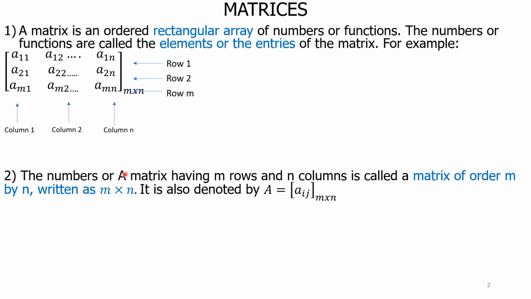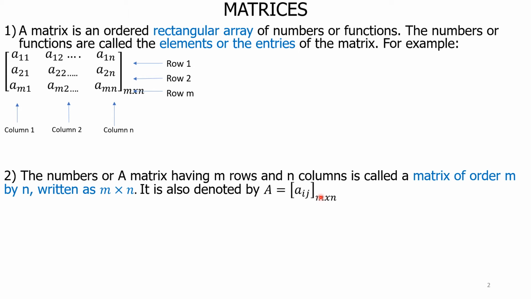A matrix having m rows and n columns is called a matrix of order m by n, which is written as m cross n or m into n. It is also denoted by A equals square bracket Aij m into n, where i is the row and j is the column.